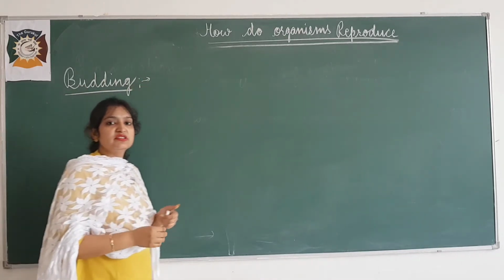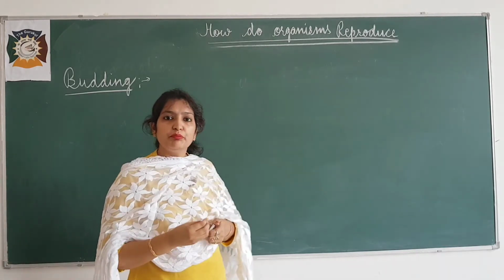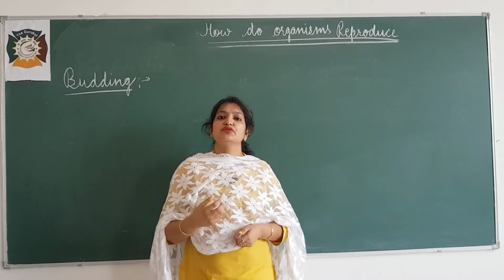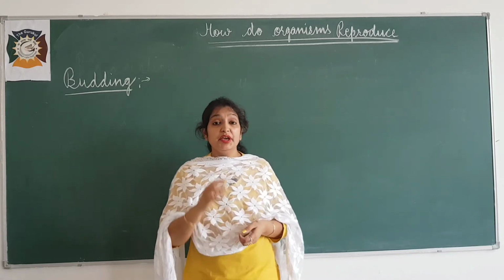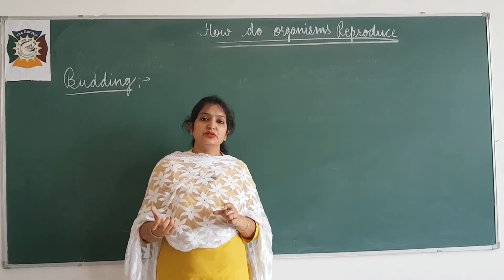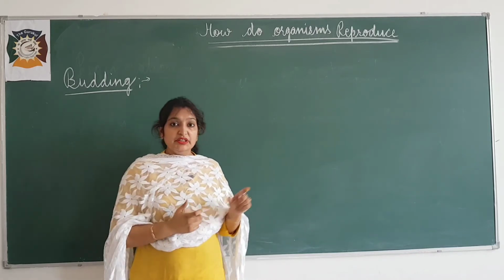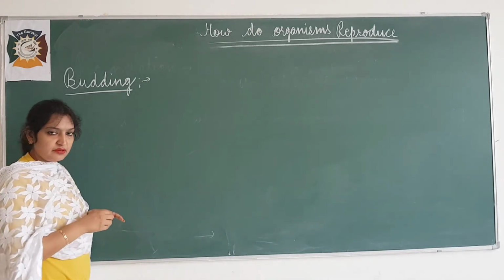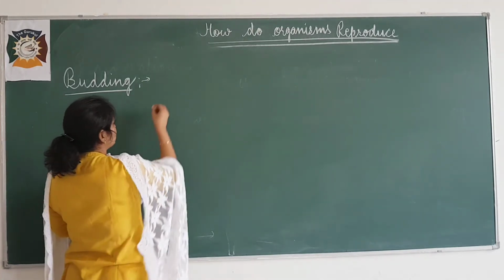A new organism is reproduced by an outgrowth which arises from the parent body. एक bud से नए organism का बन जाना, और वो bud कहाँ पर arise होती है, parent body पे. That process is known as budding. Is it clear beta?